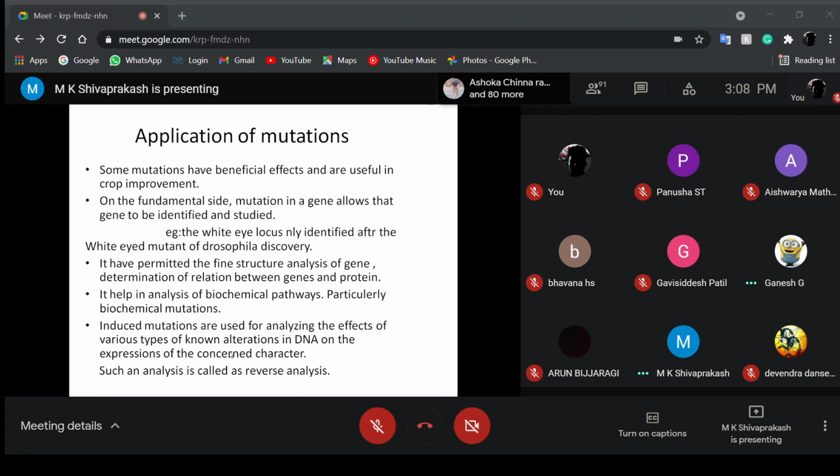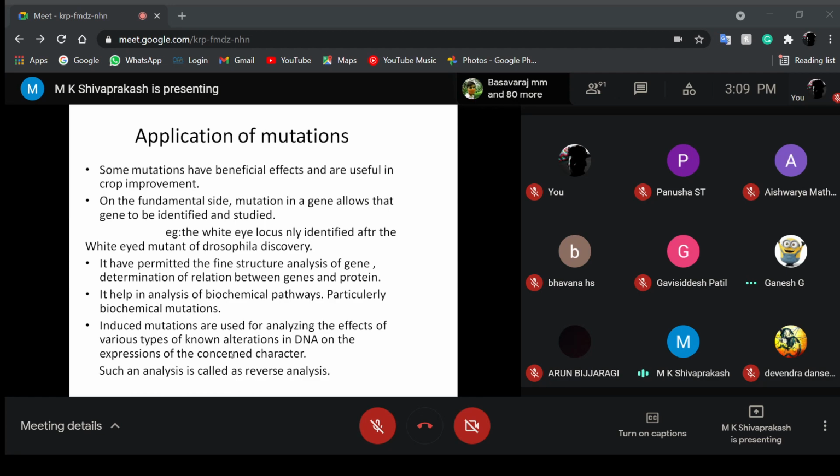Then we have the fine structure analysis of the gene, which is also possible through introducing mutation. Then determination of the relation between genes and proteins.